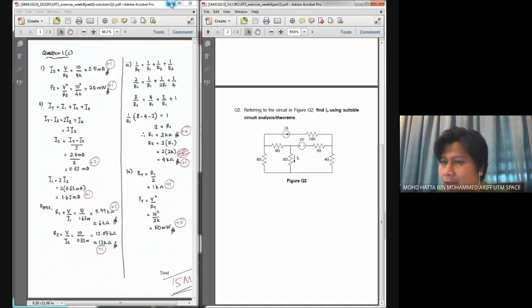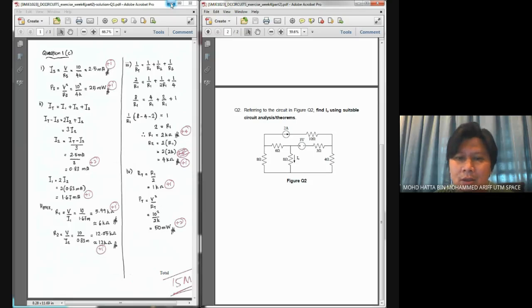The other source, for example, voltage source or current source, should be considered as zero, or the value is equal to zero. Either we short circuit the voltage source or open circuit the current source.